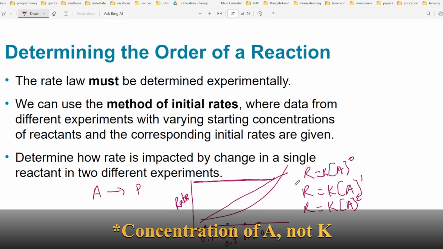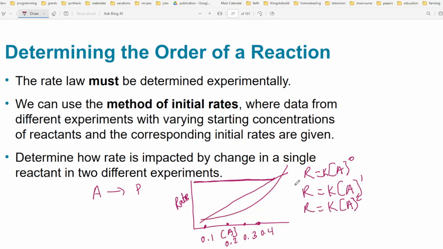We rarely see a deviation from this, but we will occasionally, and we do have at least one example where we'll see a deviation from zero, first or second order rate equations with respect to one reactant.